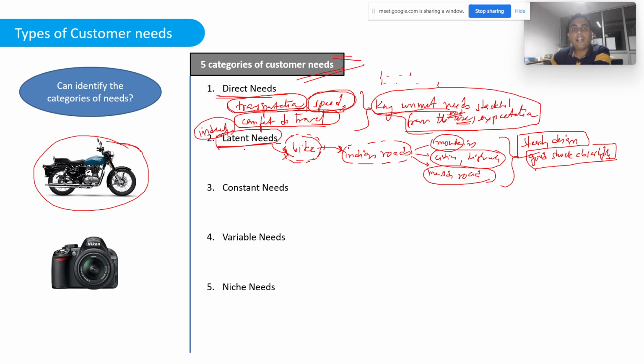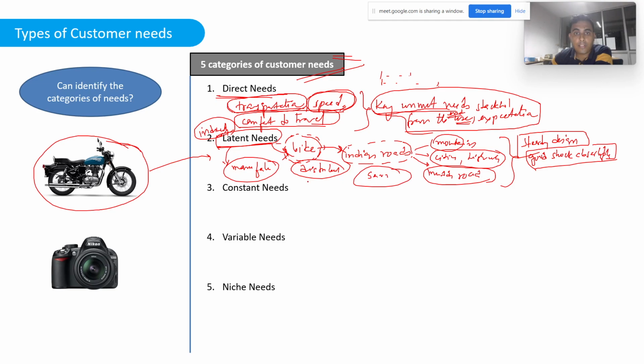Other sorts of latent needs come from the different stakeholders in a bike design. There are manufacturers, distributors, and retail, like the service guys.